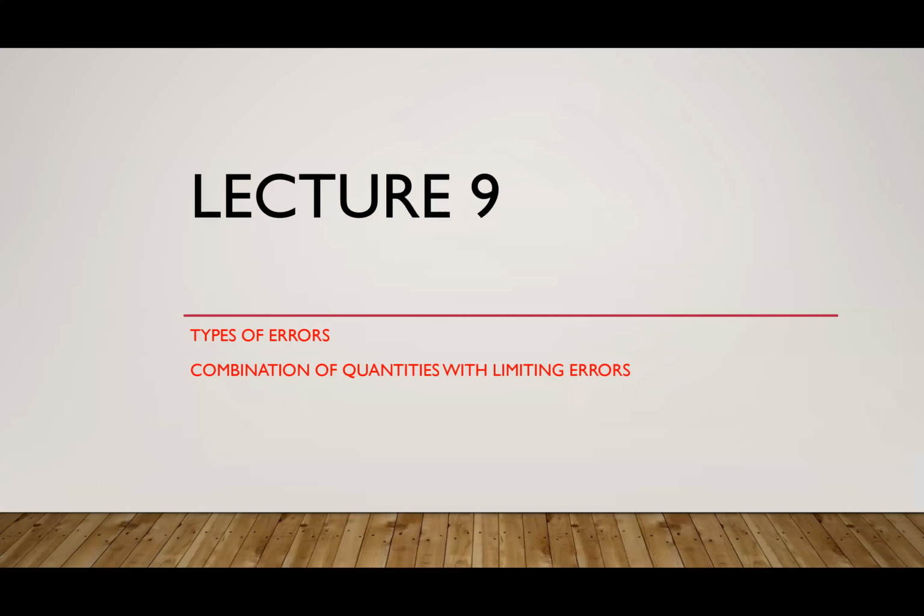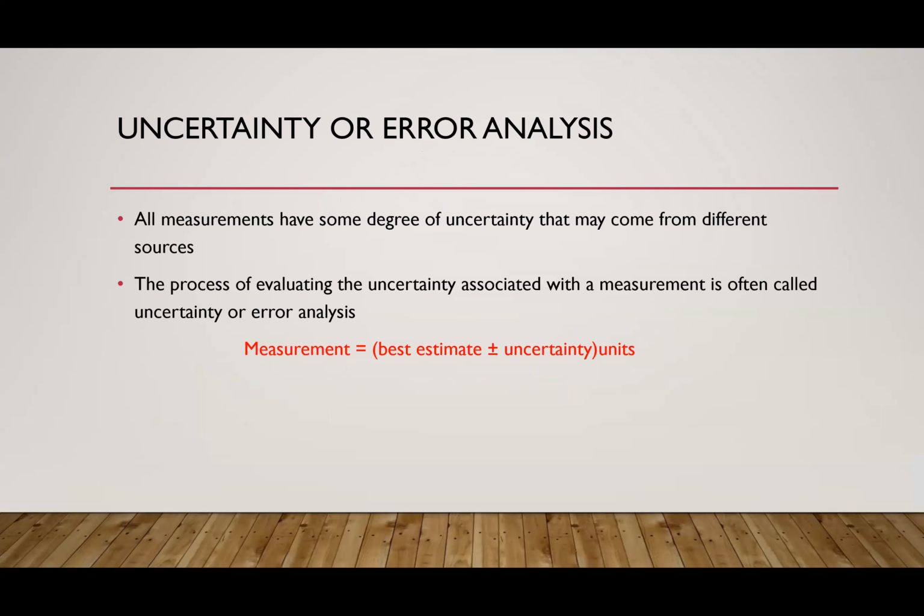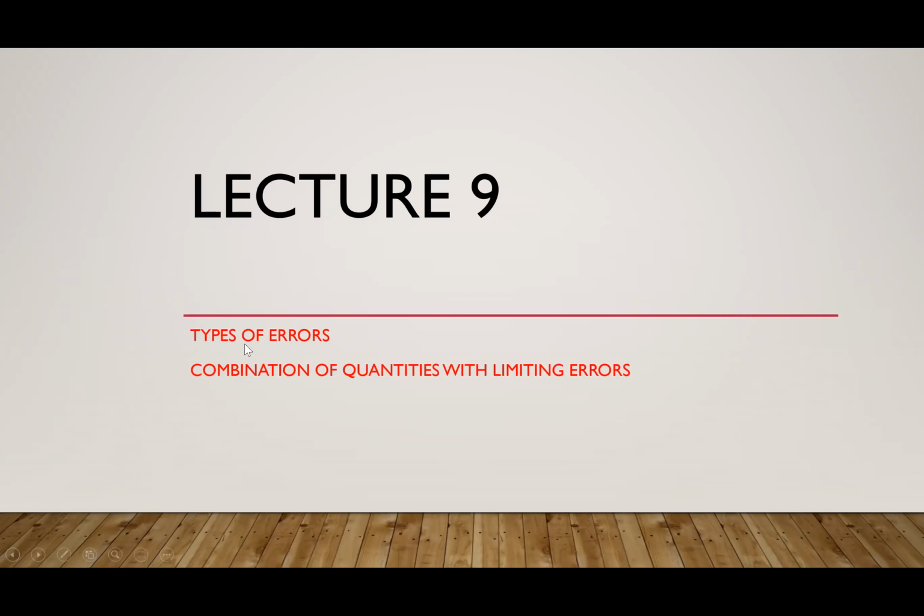So whenever we are talking about measurement, an important thing that comes into consideration is something called measurement error. Whenever we are taking any measurement, there is very much likelihood that we come across some type of error in that measurement. So in today's session, we will talk about the types of errors.